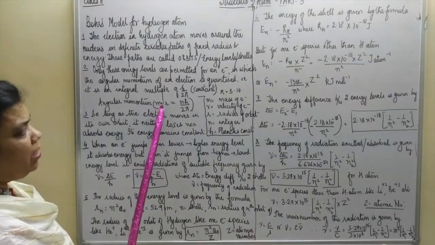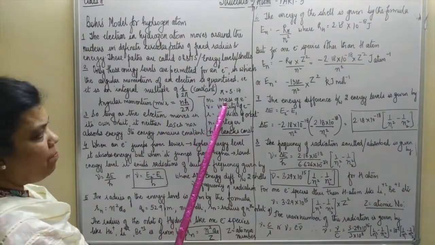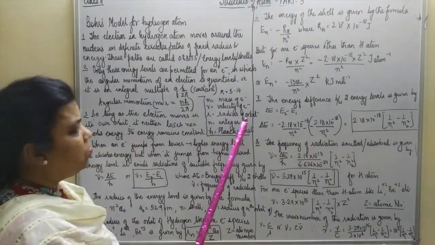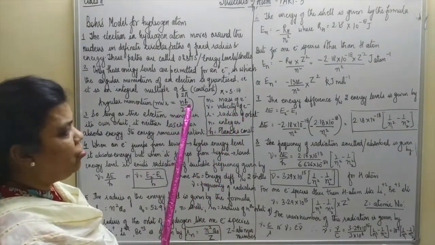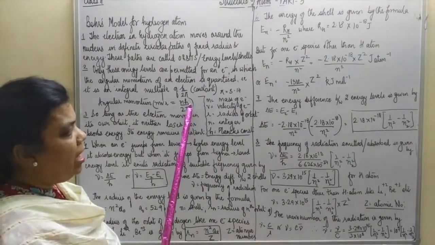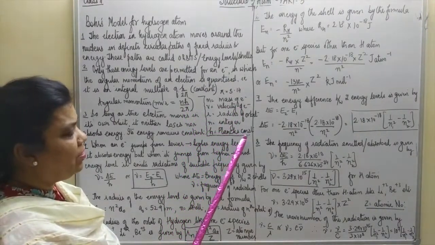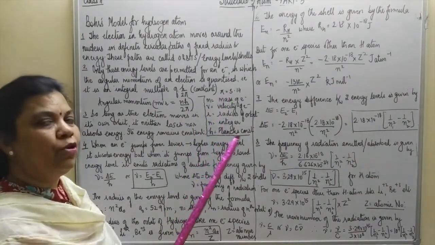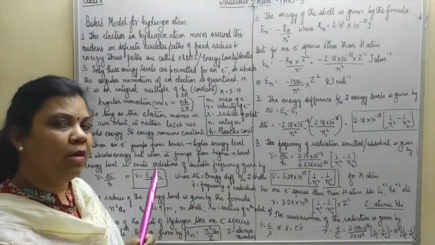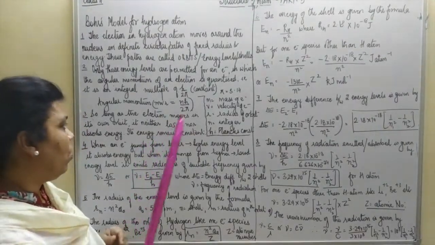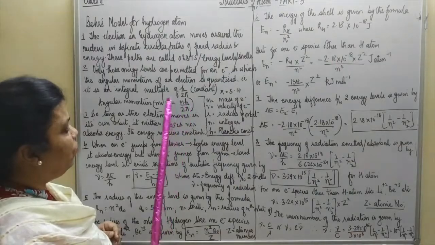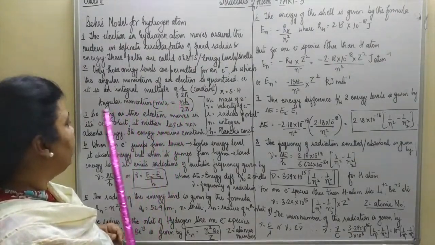Here m is the mass of the electron, v is the velocity of the electron, r is the radius of the orbit, n is an integer 1, 2, 3, 4 and so on, h is Planck's constant having a fixed value, and pi is a constant equal to 22/7 or 3.14. So this is how we calculate the angular momentum of an electron moving in an orbit.